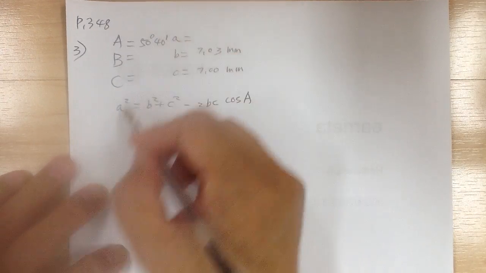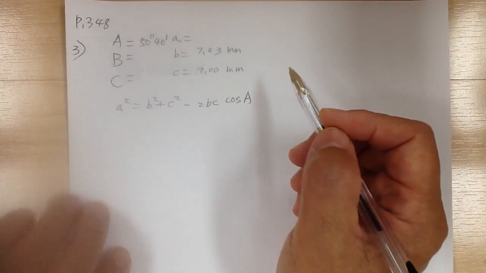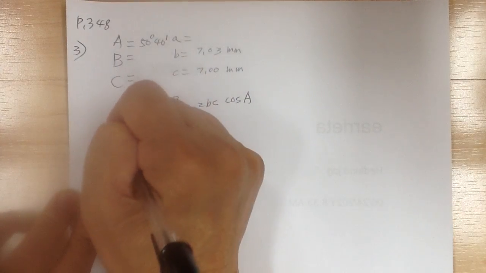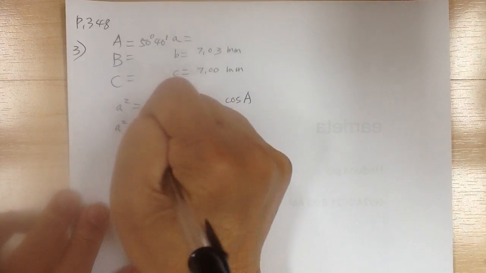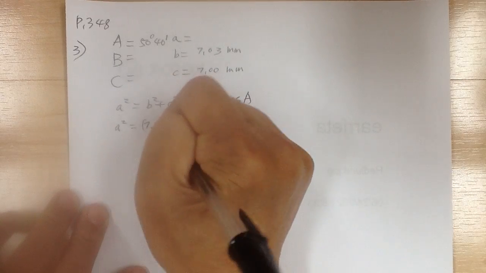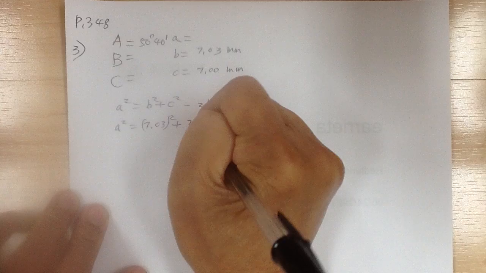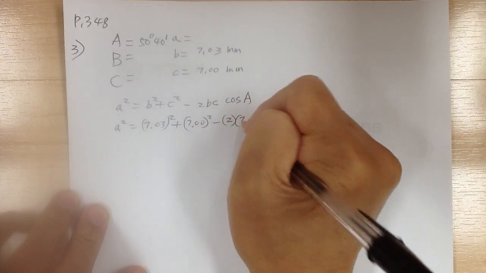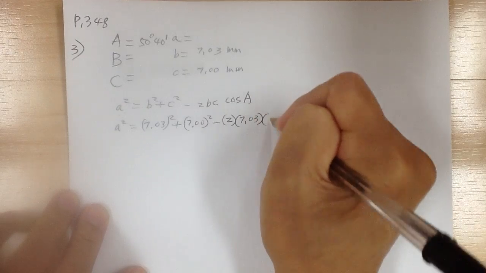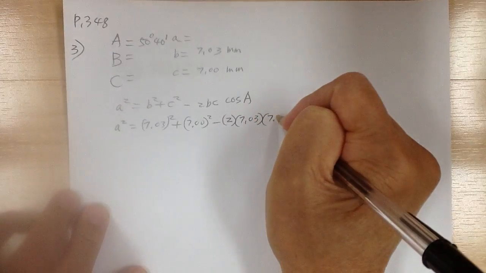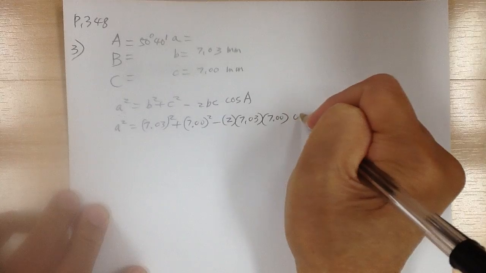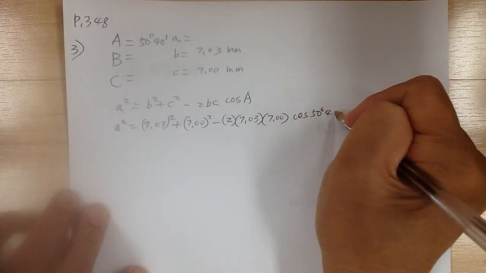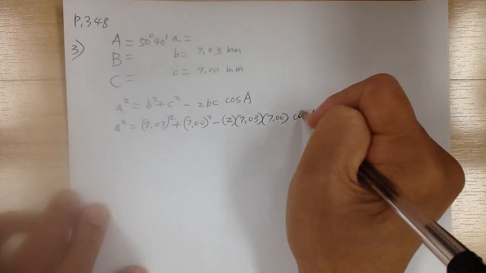You're looking for a, so write a first. Then substitute everything in: a squared equals 7.03 squared plus 7.00 squared minus 2 times 7.03 times 7.00 times cosine of 50 degrees and 40 minutes.